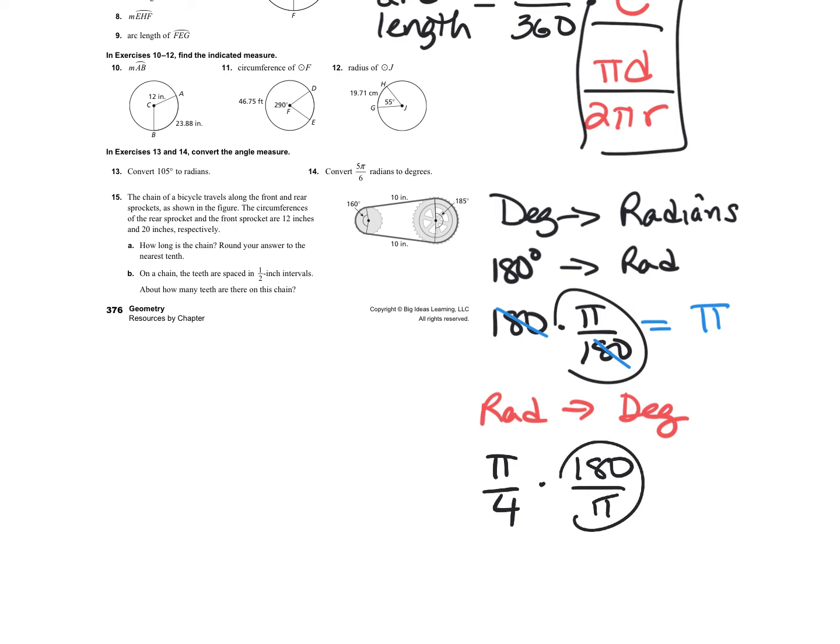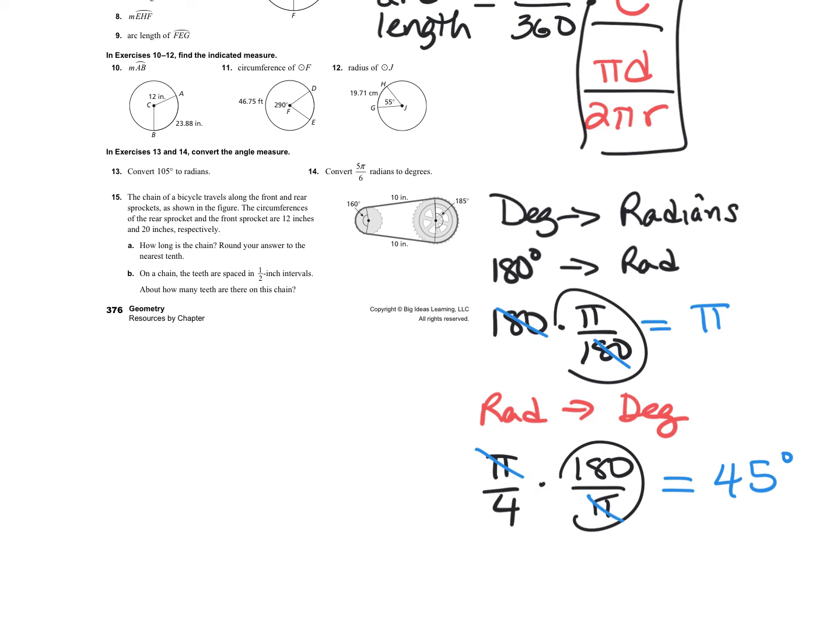So this would cancel the pi's, and then 4 goes into 180 45 times. So be able to convert from degrees to radians. Also be able to solve word problems, especially questions with revolutions in them, like this chain question, or any of the ones in the notes or in the homework.